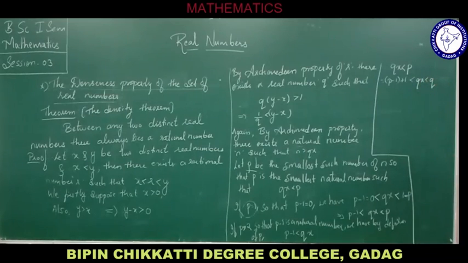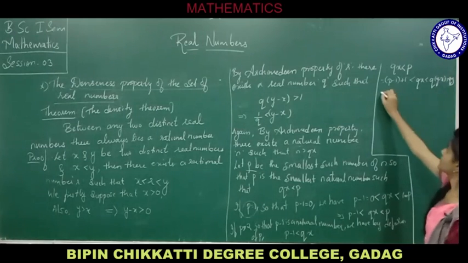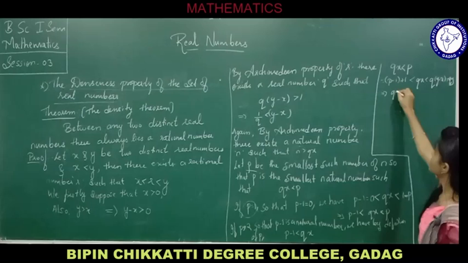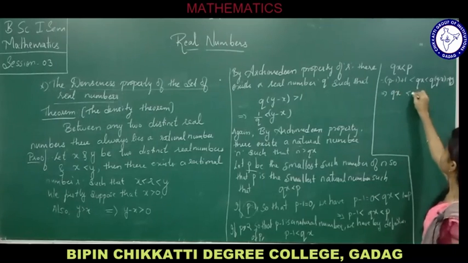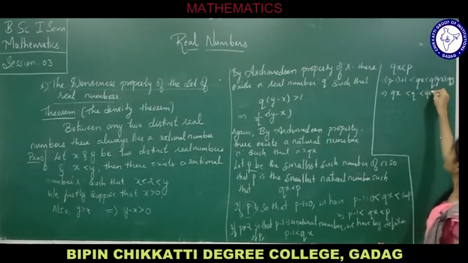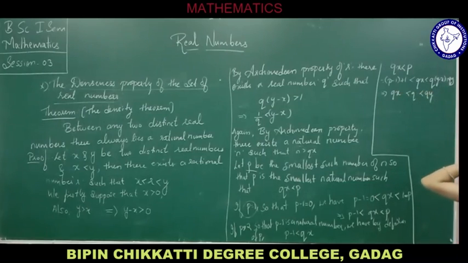How can we write X? We can write it as Y minus X, which is equal to Q into Y. This implies this Qx is going to be less than Q, less than or equal to Qy.